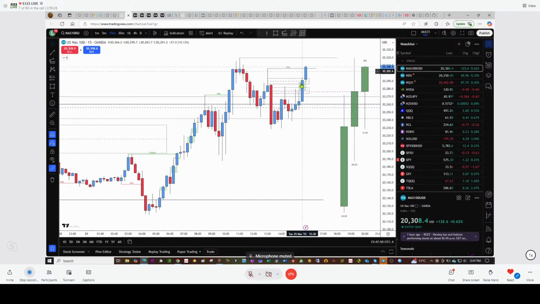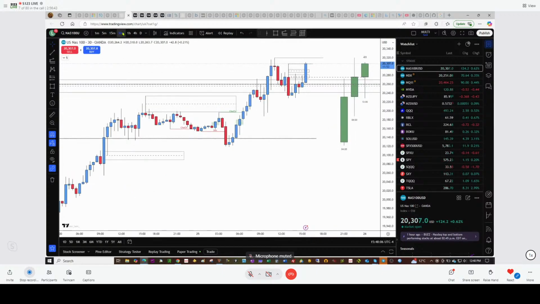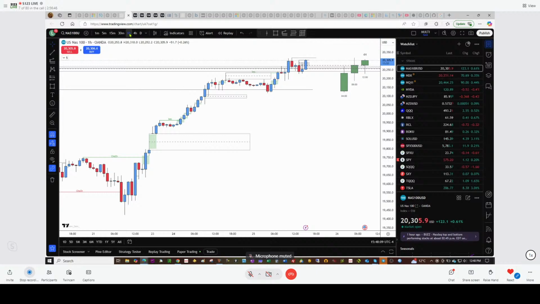So I would be expecting them, since they come up all this way now, I would expect them to take out this high and then drop it. But let's see if they do that, or they might just continue straight through to the upside, because this is very strong right now into the close. Very interesting. Most interesting here today. But thanks to Bitcoin, I've made all my losses back on NAS. It's great.